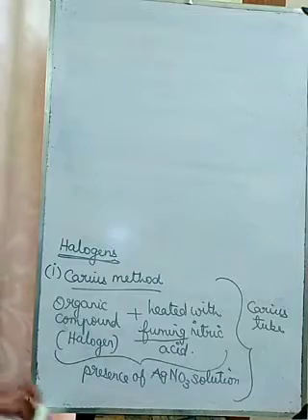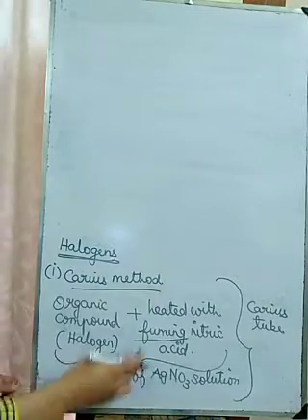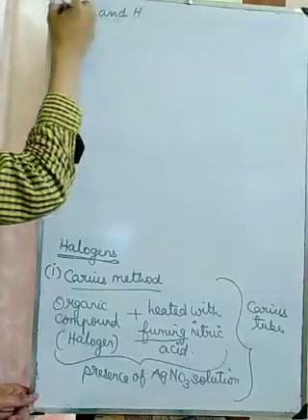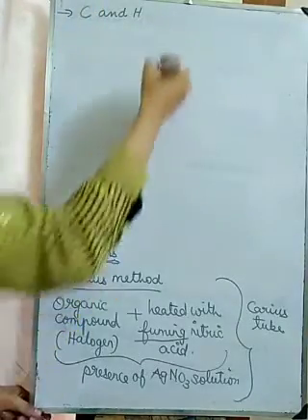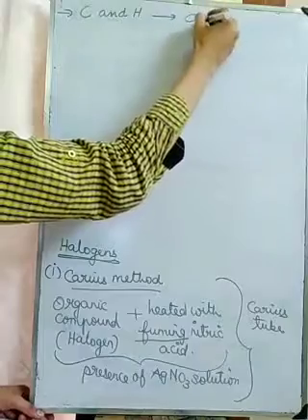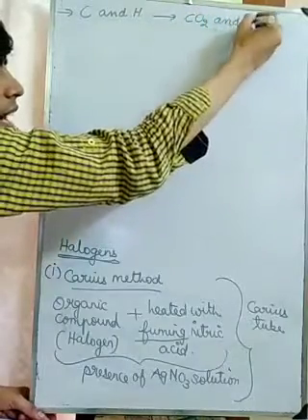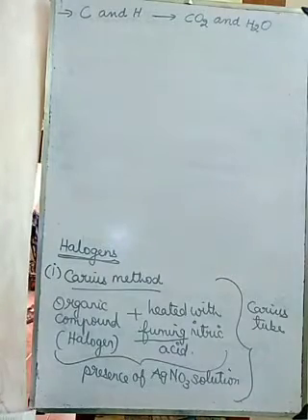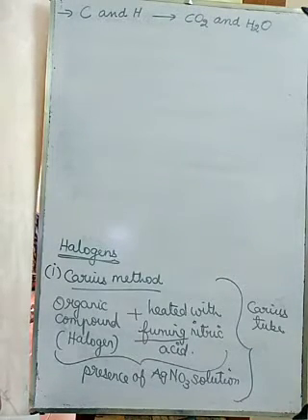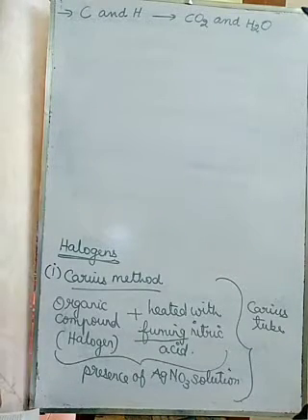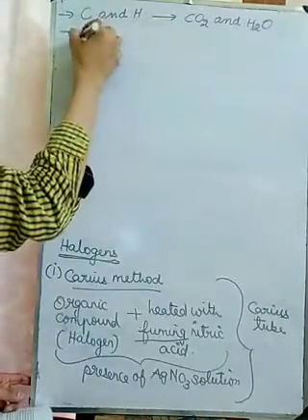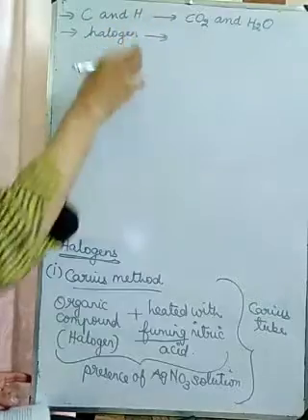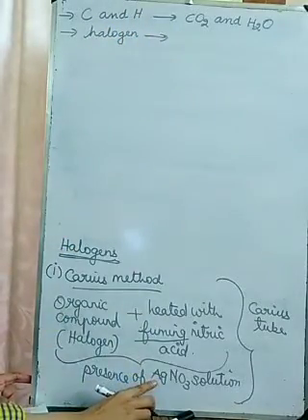Carbon and hydrogen which are present in the organic compound are converted into carbon dioxide and water, and the halogen which is present in the compound reacts with the silver and forms silver halide. What does it form?